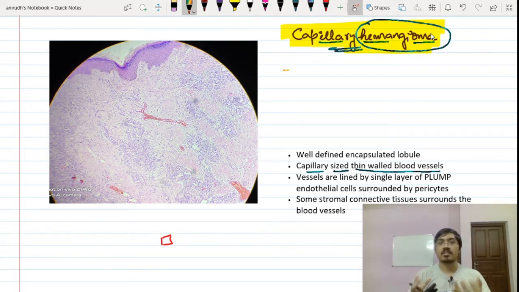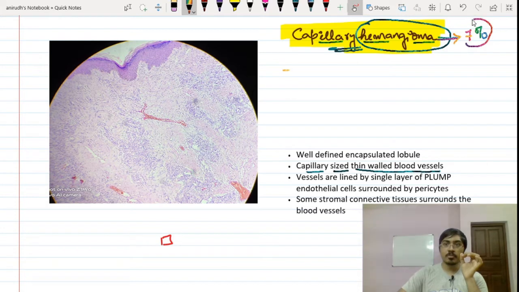That means newborn children and little children. So it comprises hemangioma, not capillary hemangioma. Hemangioma as such comprises 7% of all the benign tumors of infancy and childhood.